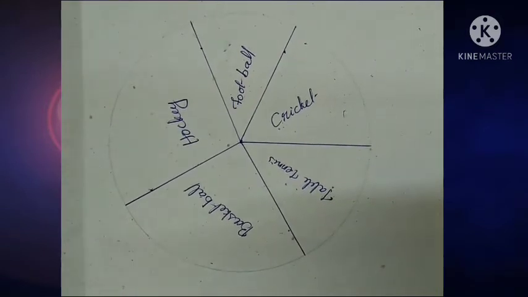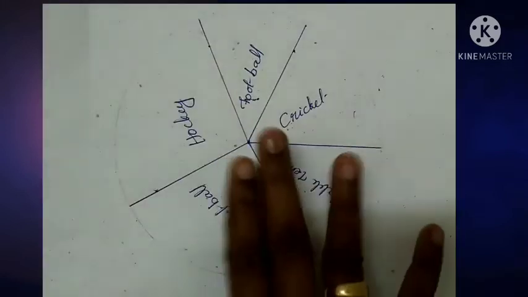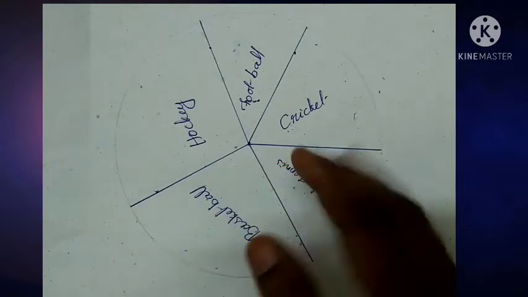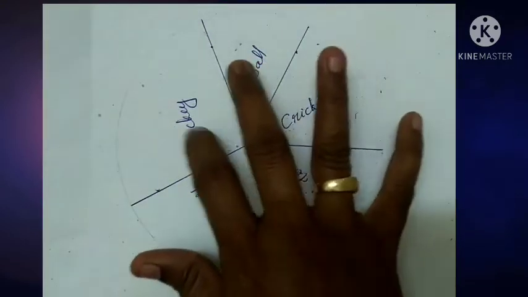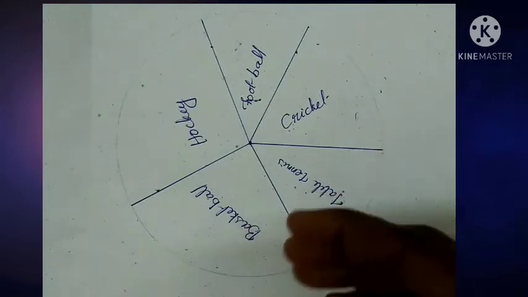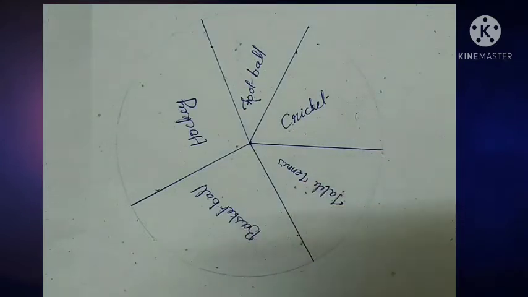Understand? All of you understand? This type of chart we want to draw in your notebook. If you want, you can mention each portion in a different color, as you wish. Okay. Move to the next question.